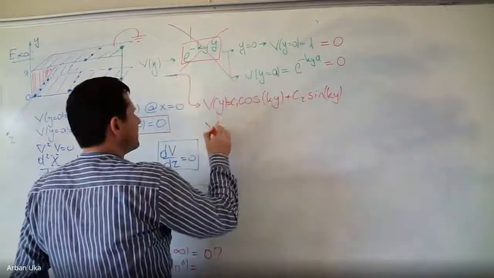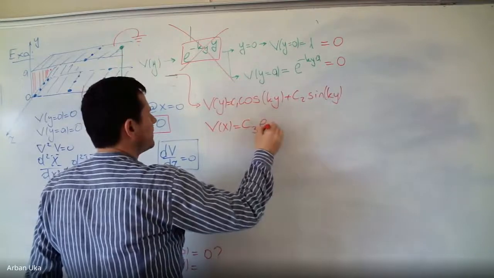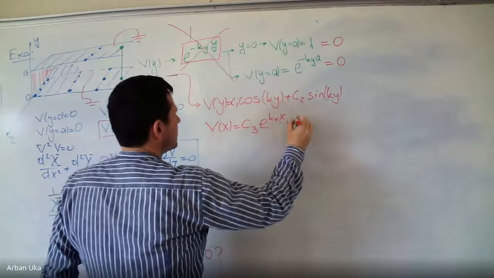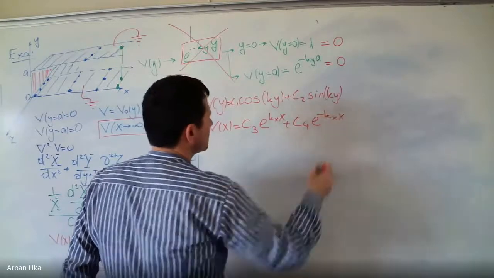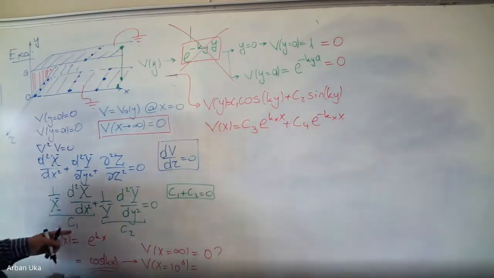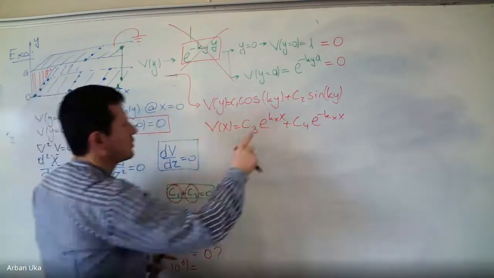The potential as a function of x is going to be something like c3 e to the power kx plus another constant c4 e to the power minus kx. These constants are in fact not different because c1 is equal to negative c2, so let's use only one k here.